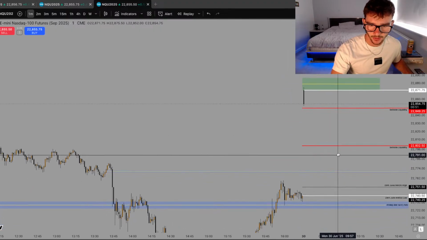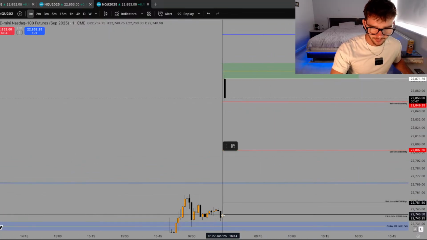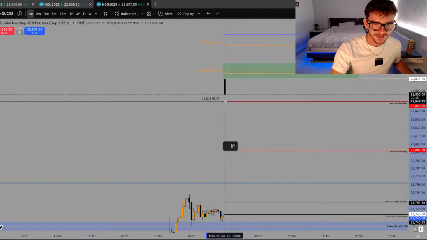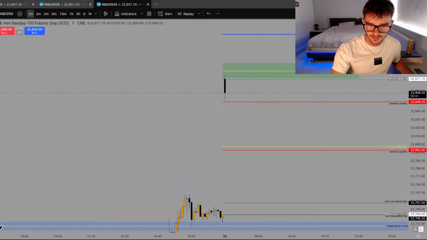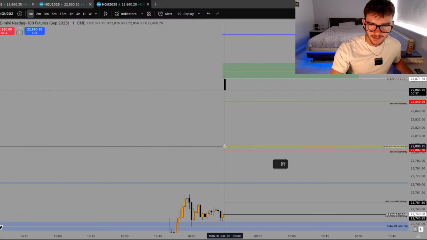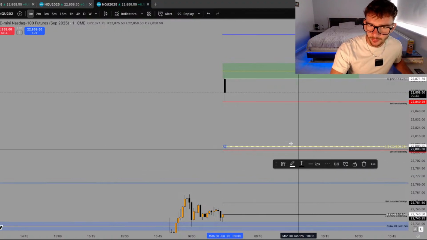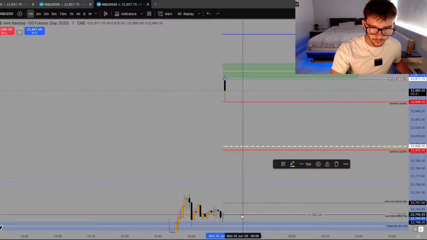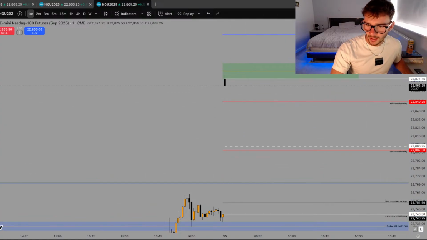The 2022 model is great, and I love it, but it's not very entertaining to watch me sit and trade a 2022 model. Obviously it is when it happens, but I don't typically get that many setups with it, at least not at the moment. I'm more drawn to the first presented fair value gap, so we're going to have a play around with that more on these streams.